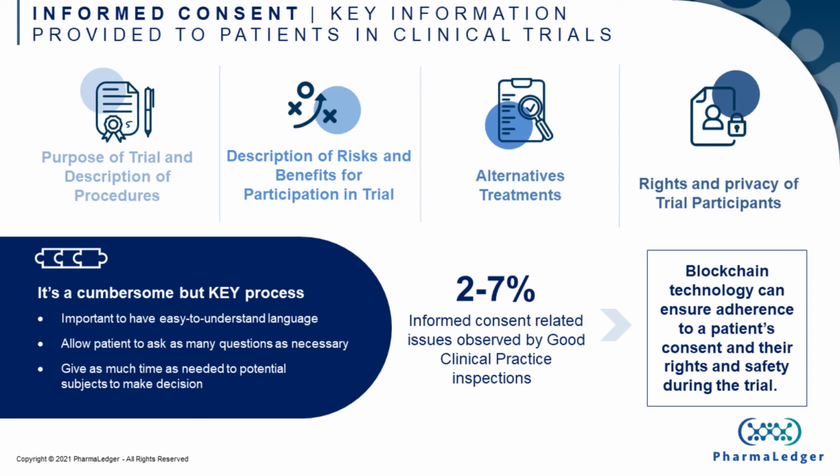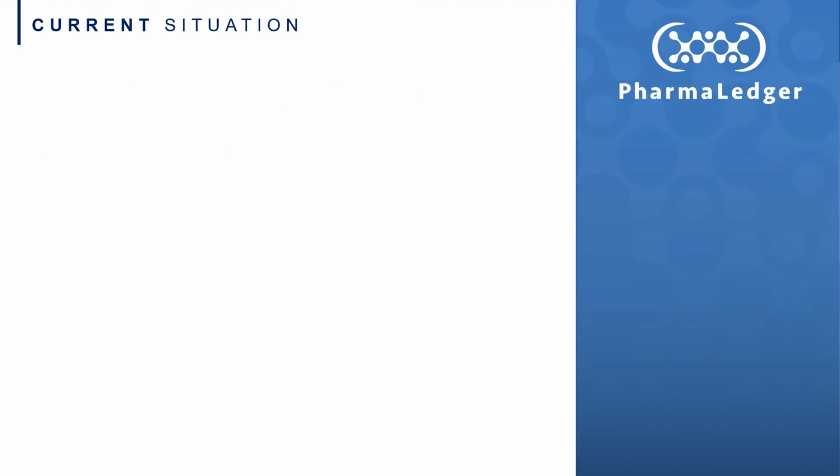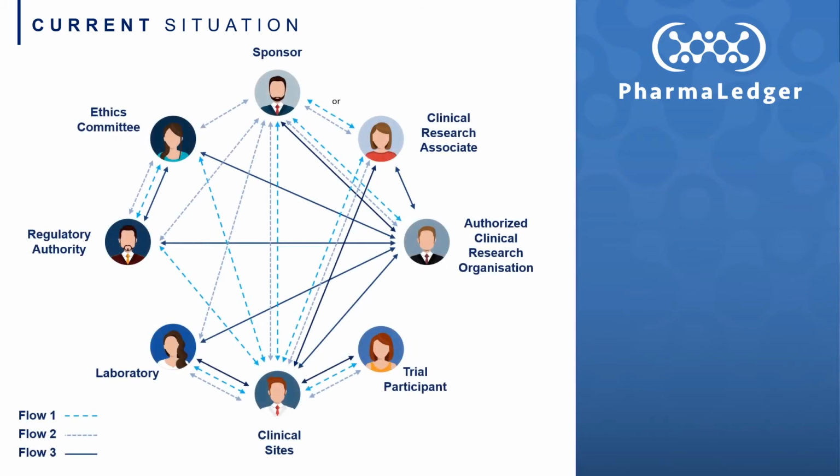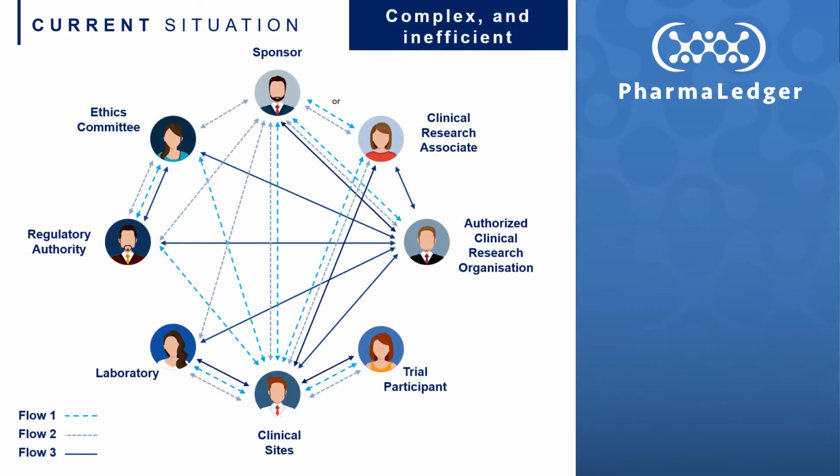Thank you, Despina. We know that GCP inspections identify between 2 and 7% of consent-related issues. If we look down into the current process, we can observe that the processes are complex, inefficient, and non-compliance risks exist at every touchpoint.